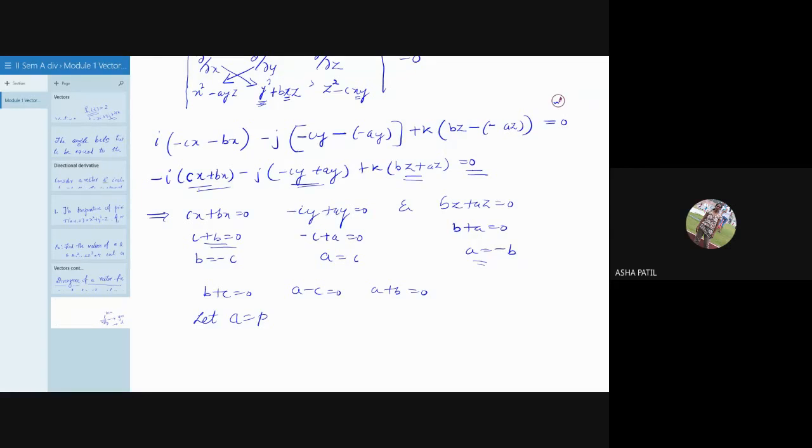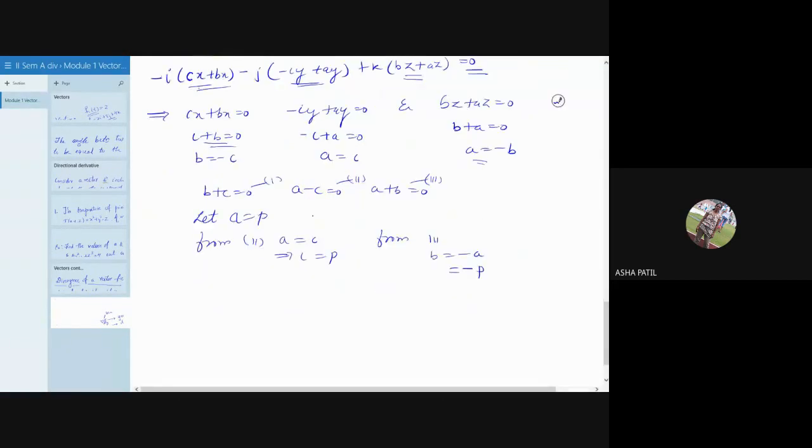Then what it implies here? I'll call the equations 1, 2, and 3. From 2, a is equal to c, so c is also equal to p. And from 3, b is equal to minus a, so b is minus p. Therefore a equal to c equal to p and b is equal to minus p.